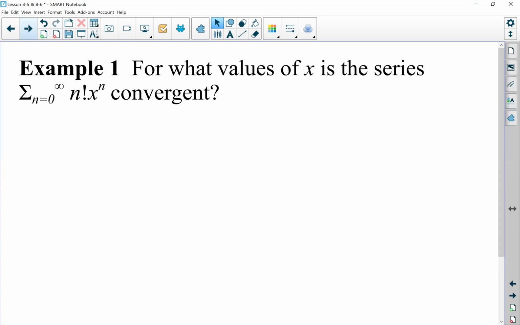So the ratio test says take the limit as n approaches infinity of the absolute value of a sub n plus 1 divided by a sub n.